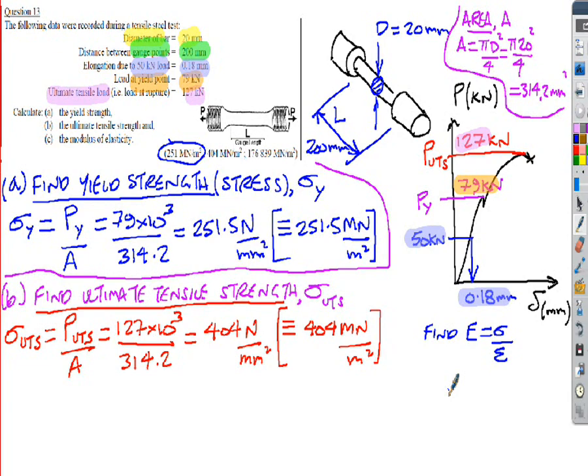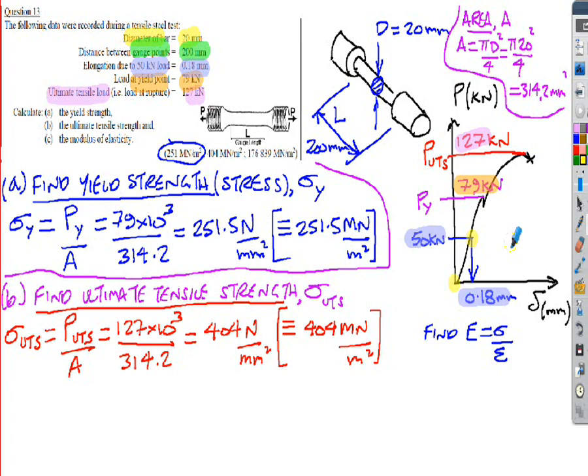Now can I do that? I need a point on my diagram where I can find the stress and the strain. And that's what I'm given with this 50 kilonewton load and extension of 0.18 millimeters. I'm actually given a point on the curve where I could find the stress and I could find the strain. And if I could find the stress and the strain at that point, and knowing it will start from 0, 0, I can effectively find the slope of that line, because the slope of that line, of course, is the E. That's the elastic modulus.